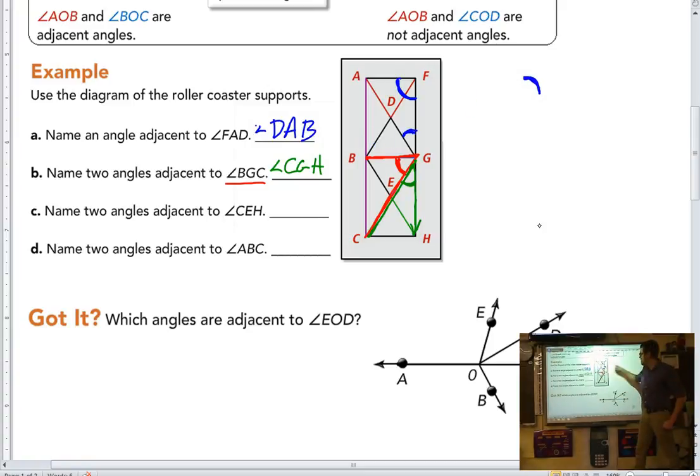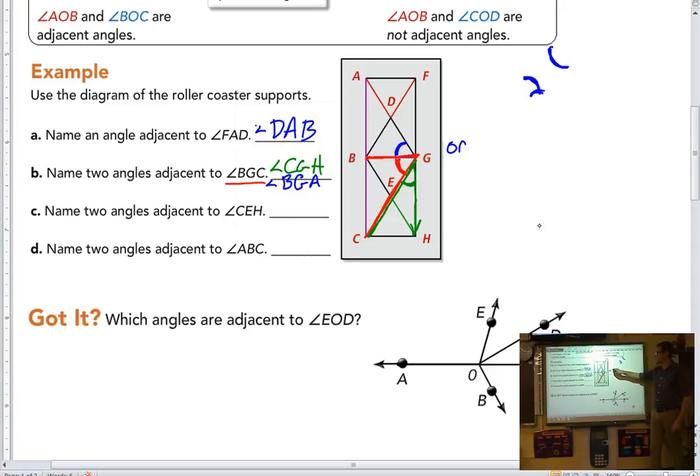So to do that, I want this angle. It's sometimes easiest to draw the angle first, then name it. That blue angle would be angle BGA or AGB or DGB or BGD, but G has got to be your vertex. So G's got to be in the middle. Questions on that blue angle?